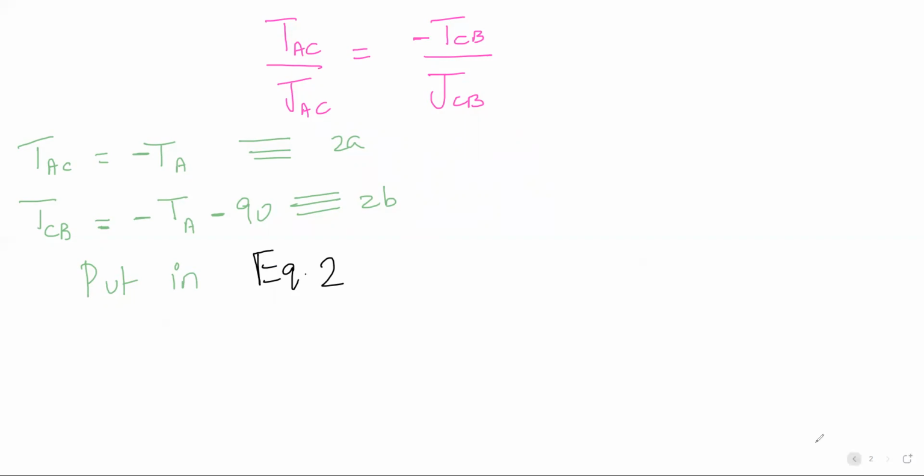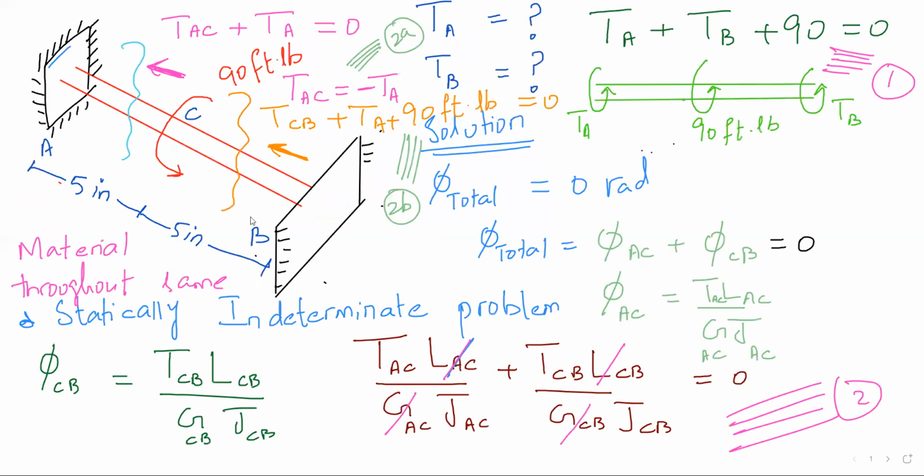No. Then I will tell you what I'm doing. Look, this is the reaction torque TA. Here I have reaction torque TB, right? When I am trying to find them, I said TA plus TB plus 90 equal to 0. I needed one more equation. For that, I said the total angle of twist between the ends will be equal to 0. For that, I'm using the formula phi is equal to TL over GJ.